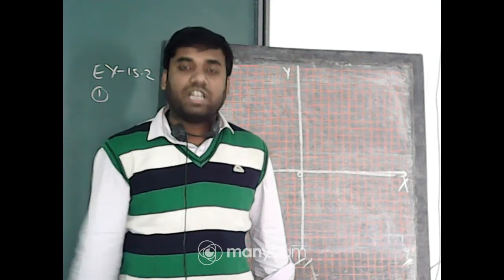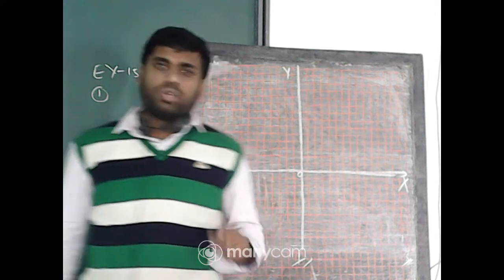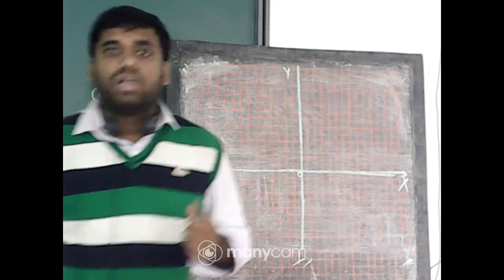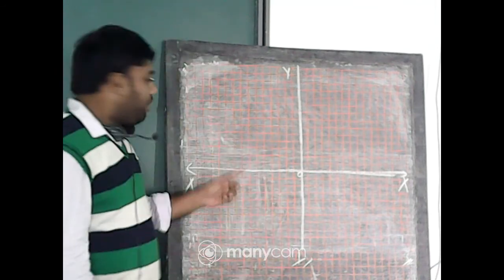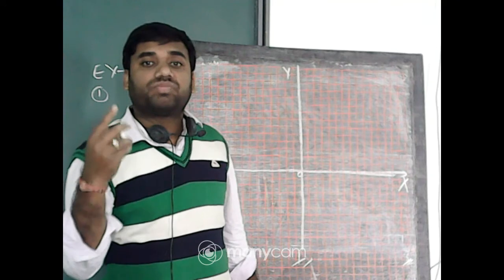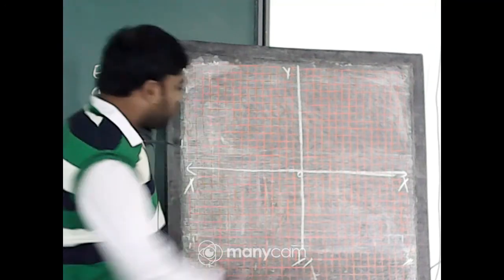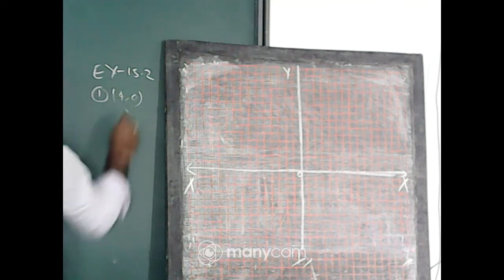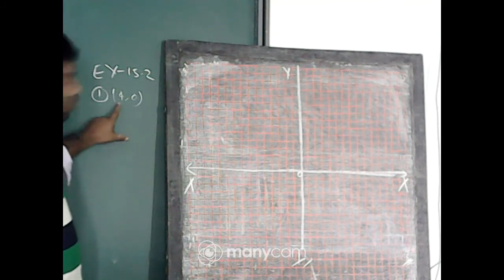The first point is (4, 0). Let's see where (4, 0) lies. When we plot any point, first start from O. For (4, 0), there is an x coordinate and a y coordinate.